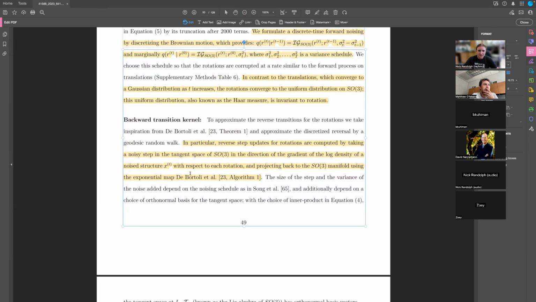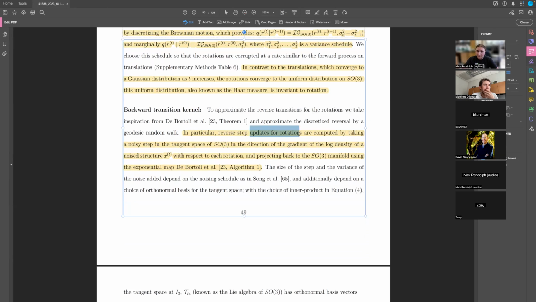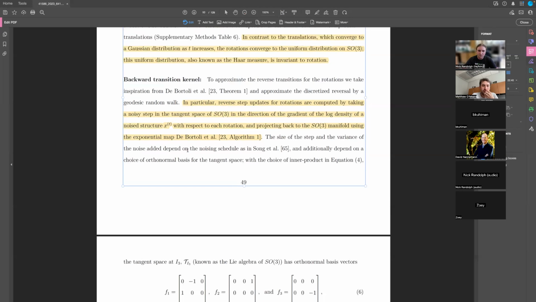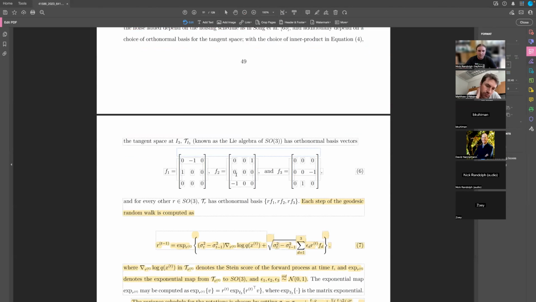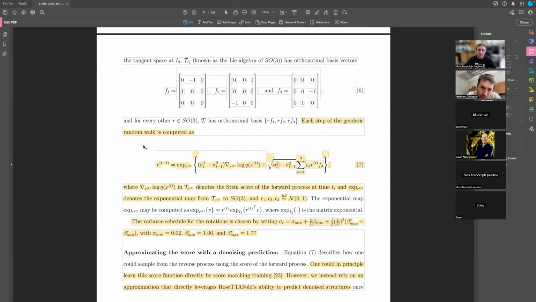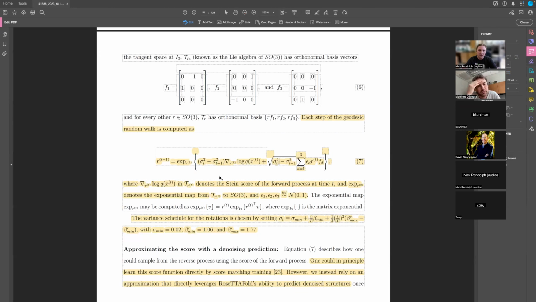So like I mentioned, for the reverse step, the updates for the rotation, you have to take a noisy step in the SO3 tangent space. So we take a step on the cardboard, but then we left the ball, so we have to project back onto the ball. We project back to the SO3 manifold using this exponential map. I mentioned that there's this geodesic random walk, which is how we map from the tangent space back to the SO3 manifold.